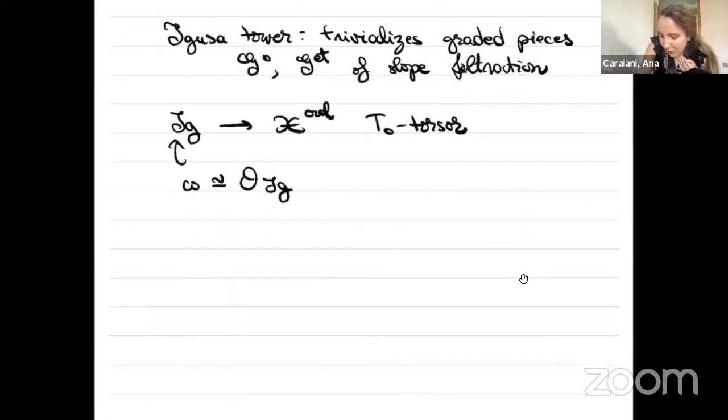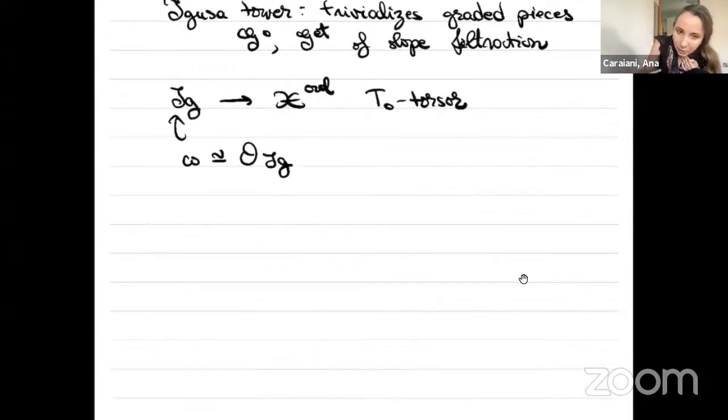And so, when you think about modular forms of weight k, you want them to be sections of the k-th tensor power of omega. And so if you trivialize omega, that's a really good first step towards p-adically interpolating things with varying weight. So that's why it's very natural to consider this Igusa tower.